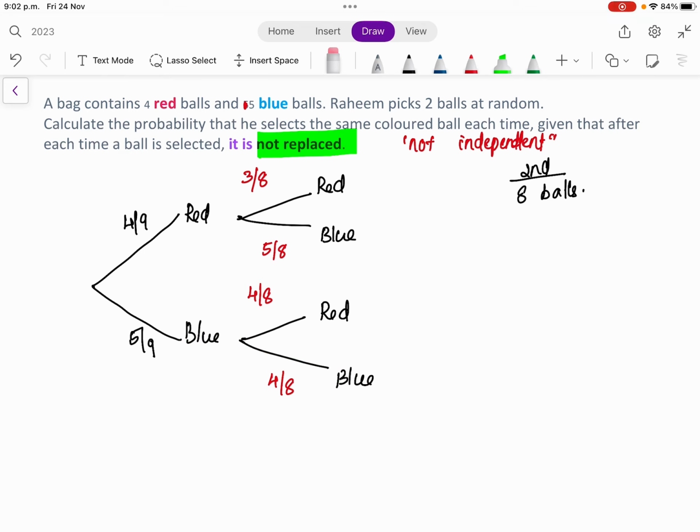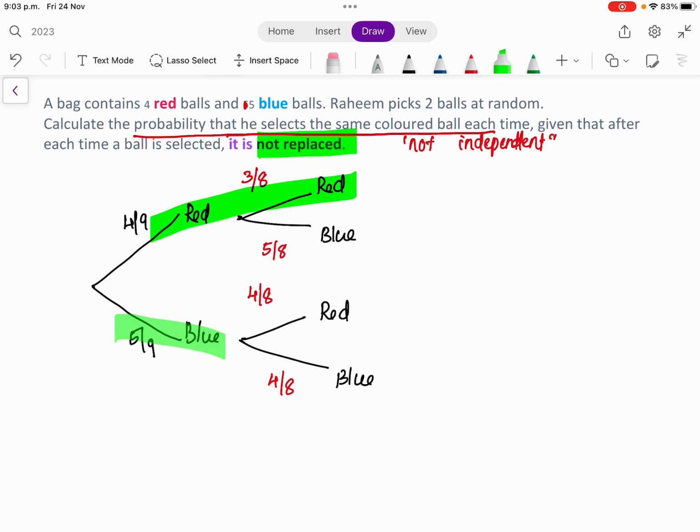Now, what you have to do is find the probability that he selects the same colored ball each time. To find the probability of that, what are the cases? Same colored ball each time means it is red and red, and blue and blue. So these are the two things which you have to calculate.